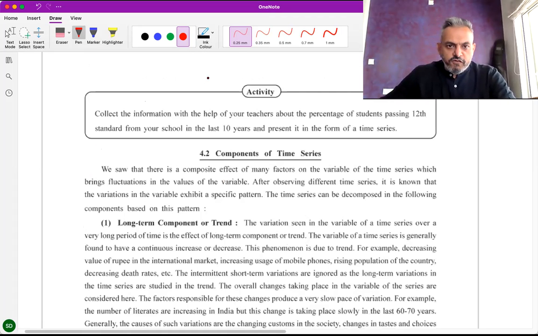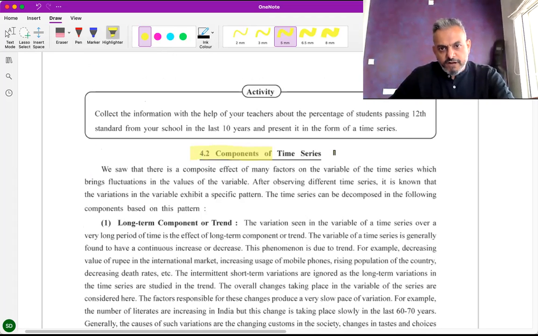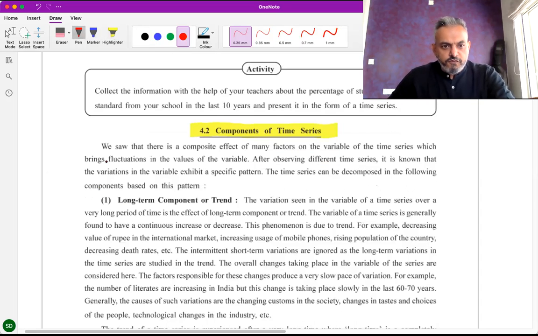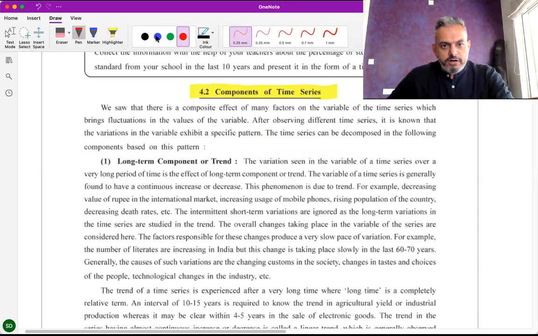Now, extremely important for you is the components of time series. This is extremely important and expected in the exam. The first one is the long-term component or trend.